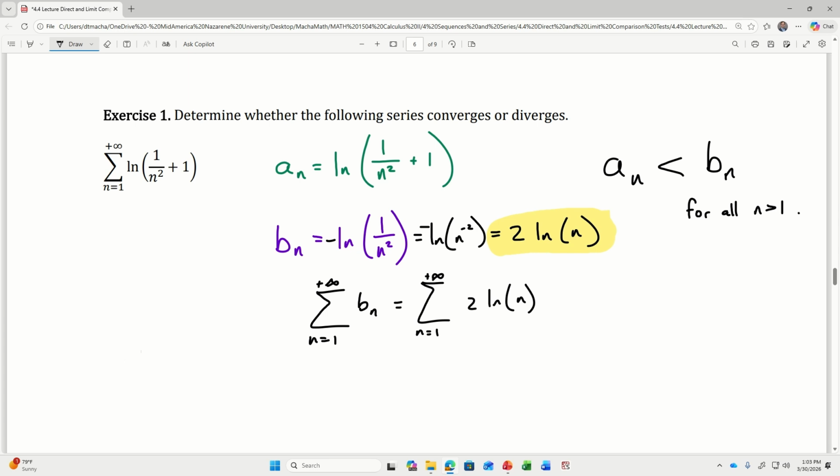Because just think about it. If n is 2, that's 1 divided by 4 plus 1. It's the natural log of 1.25. bn, however, would be the natural log of 2, which is greater than natural log of 1.25.